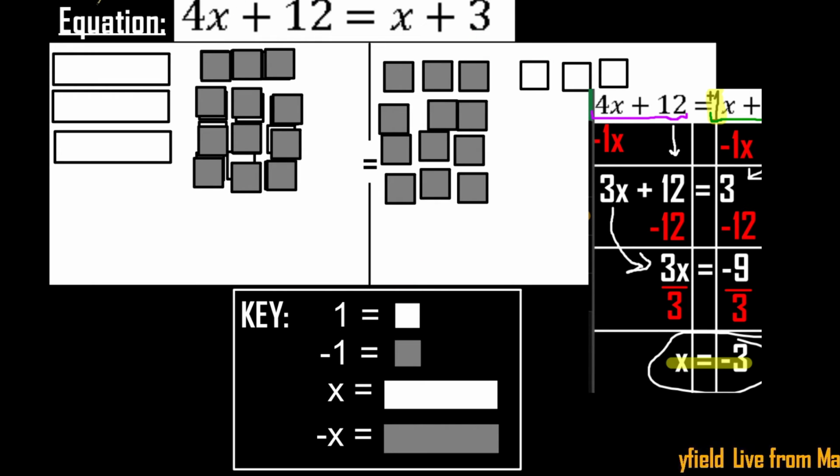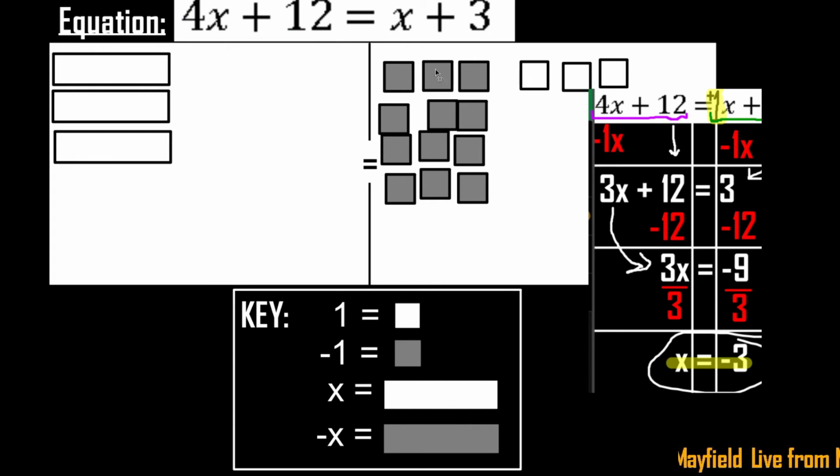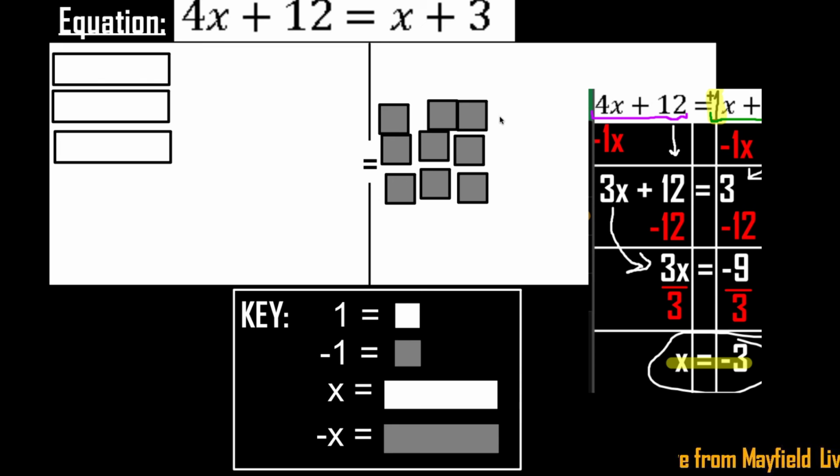Again, it's 1 positive and 1 negative cancel out. So, for instance, it looks like this. We should have 3x, which is what we have, equals a negative 9, which is what we have. So far we're good.